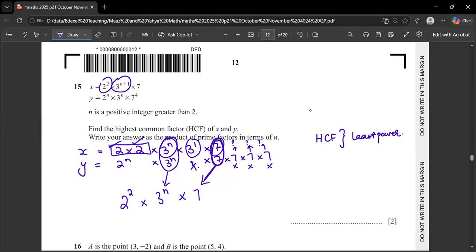So therefore we have 2 to the power 2, 3 to the power n, and 7. So that's going to be 4 times 7, 28, 28 times 3 to the power n. Or you can leave the answer in this way as well: 2 to the power 2 times 3 to the power n times 7. Clear?